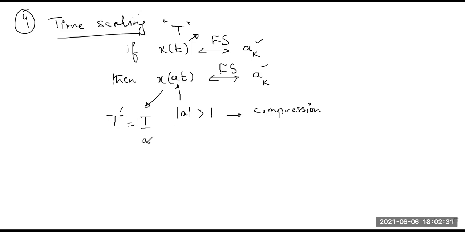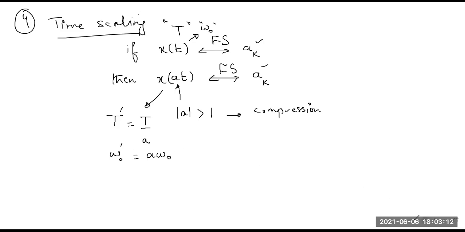So T dash is T divided by a, where a is a number greater than 1, so T dash will be less than T. As well, if the original signal's fundamental frequency is omega naught, then this new signal's fundamental frequency omega naught dash is also going to change, and it will be equal to a times omega naught, because the time period will reduce, so the fundamental frequency will increase.